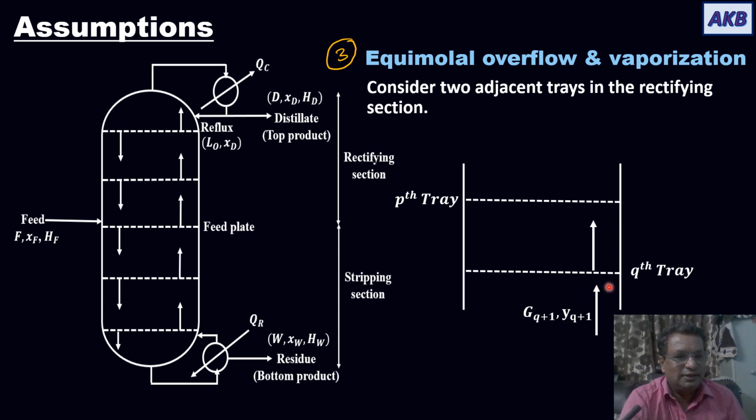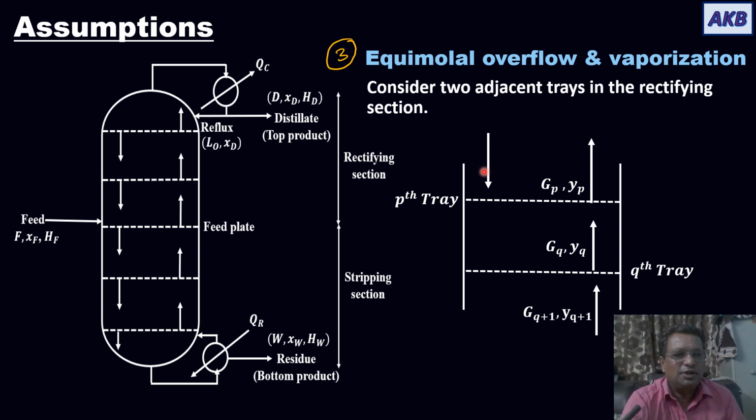Then vapor will be rising from the qth tray with molar flow rate G Q and mole fraction Y Q. Then it will be rising from the pth tray with molar flow rate G P and mole fraction Y P.